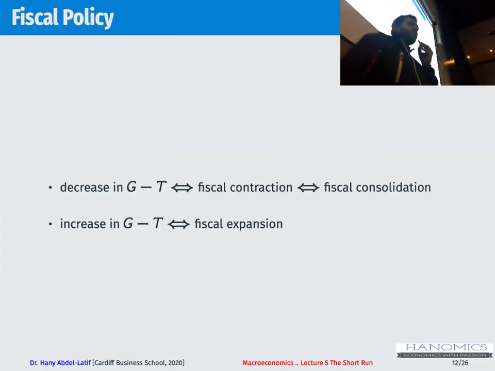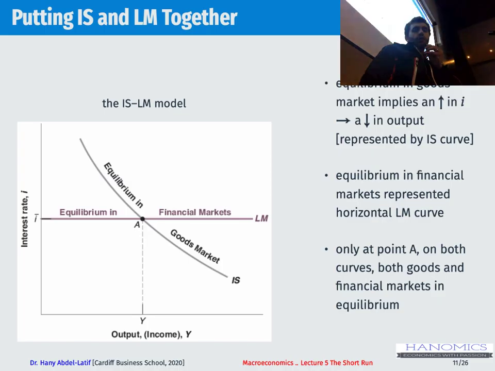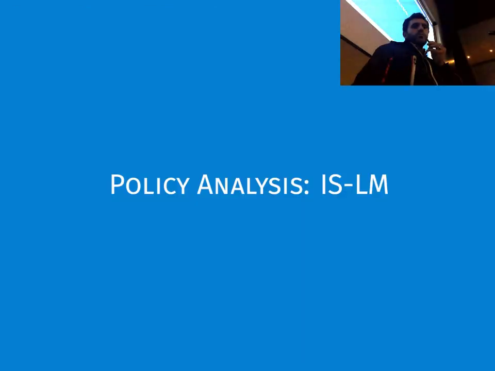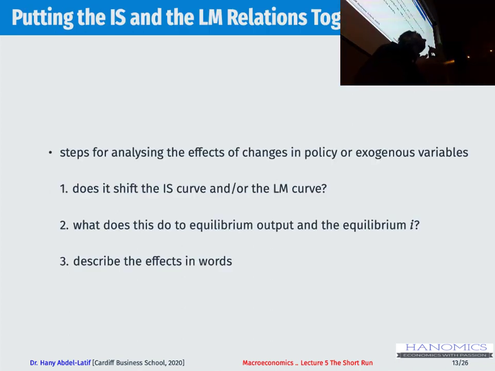Now let's see how fiscal policy changes will affect equilibrium. This is our equilibrium point, equilibrium in both markets. Let's have a scenario where there is a change in fiscal policy. There are steps you need to keep in mind, which I already mentioned before.